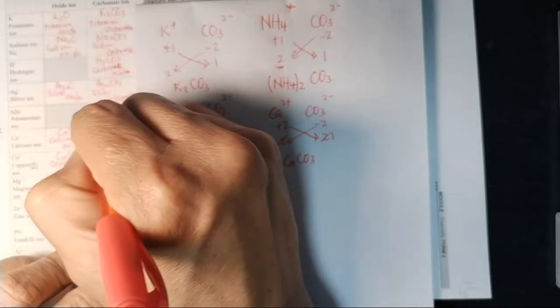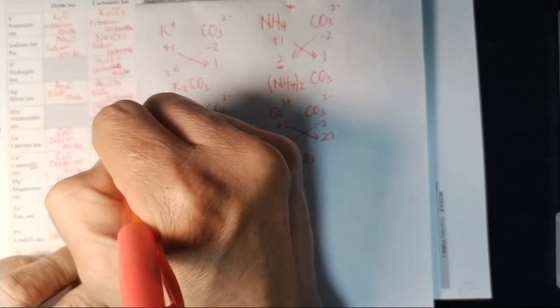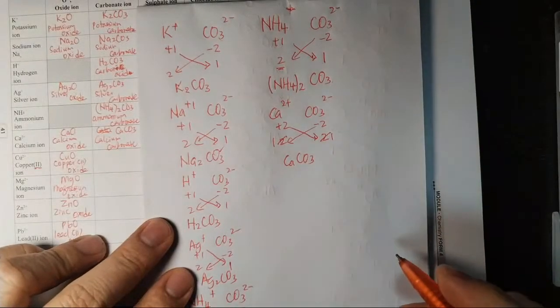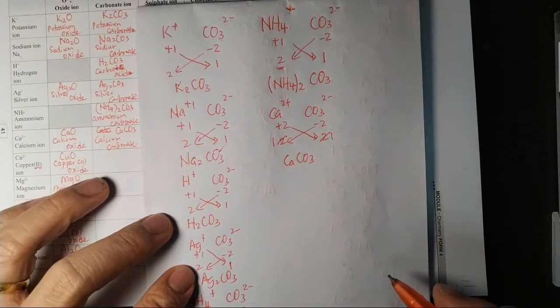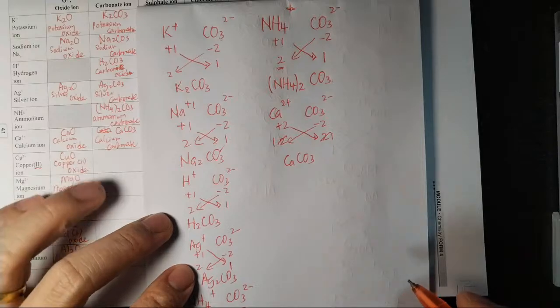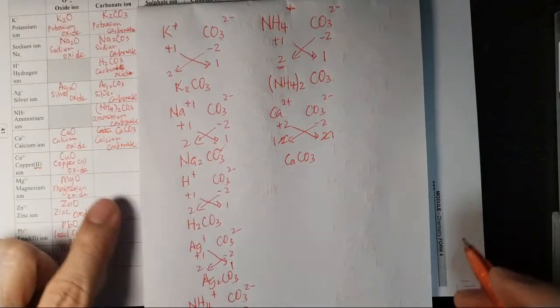CaCO3. Calcium carbonate. It is also called lime. It is also called marble chips. Marble chips, common name. Okay, but it is the calcium carbonate actually.